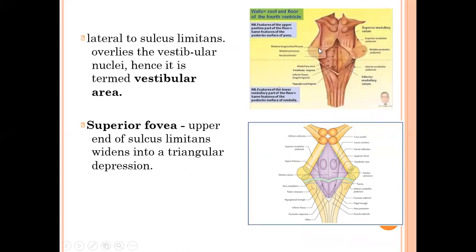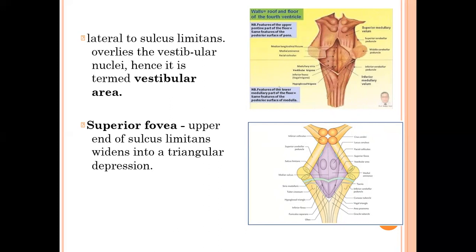Lateral to the sulcus limitans lie the vestibular nuclei, hence it is termed the vestibular area. This region, exactly where the cursor is, is the vestibular area. Then what is the superior fovea?